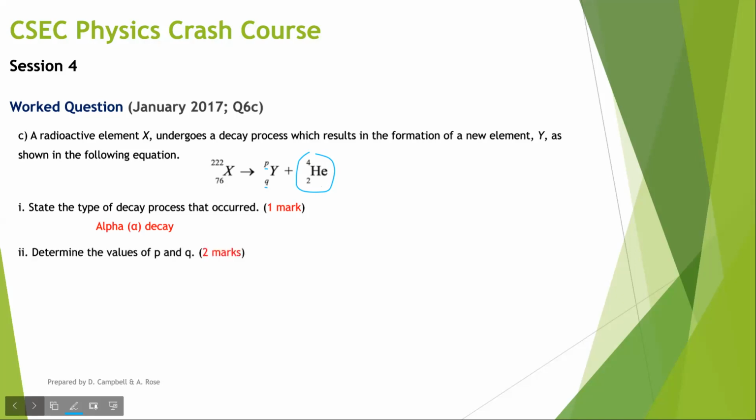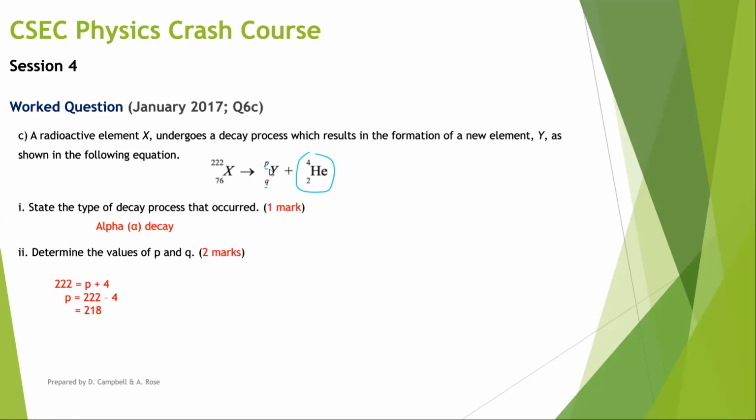Secondly, we are asked to determine the values of P and Q. Now, as we said, in keeping with the laws of conservation of mass and charge, we need to ensure that the mass numbers on the product side are equal to the mass number of the reactant.